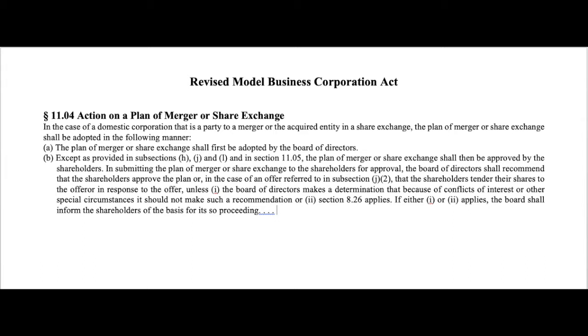The board of each corporation has to recommend that the shareholders approve. Provision is made for the board not to make a recommendation if there are conflicts of interest on the board. They then simply submit it to the shareholders without recommendation.